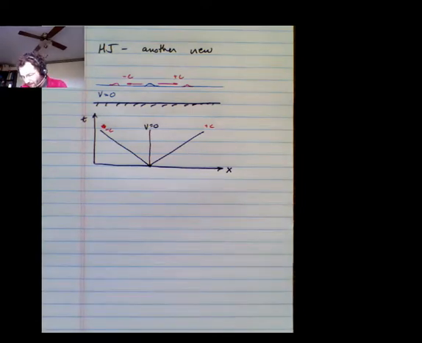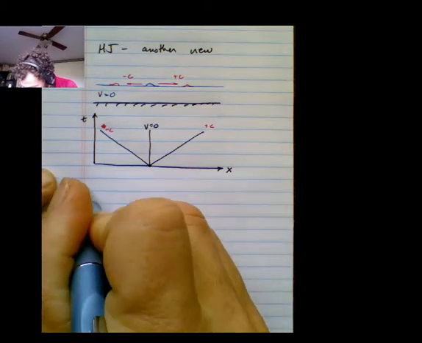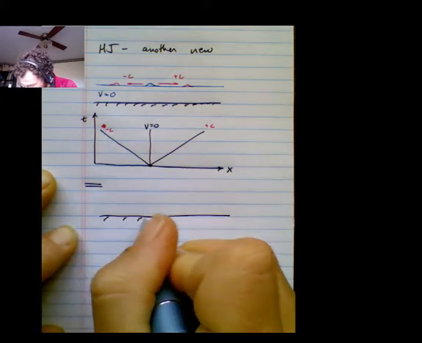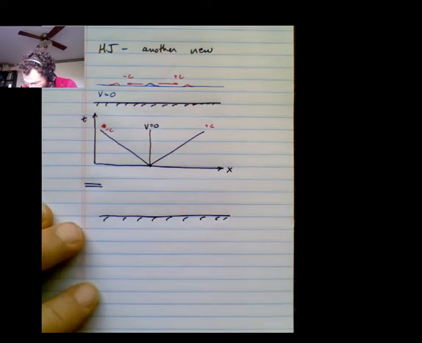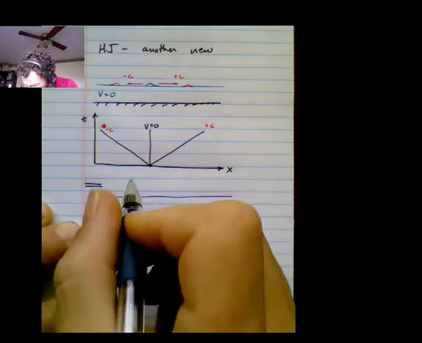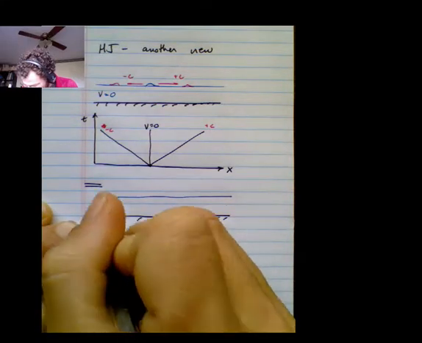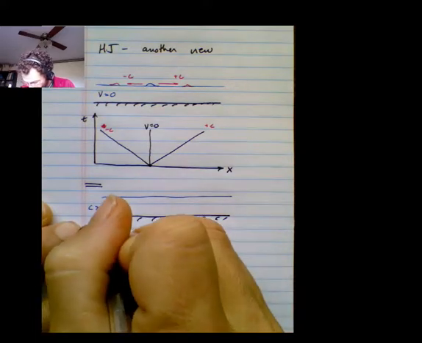Now, I want to twist this. What I mean by twist this, I want to now add something to it. We've got the same configuration, kind of a uniform depth, but now I want v to be greater than 0, but less than c. So it's flowing to the right.